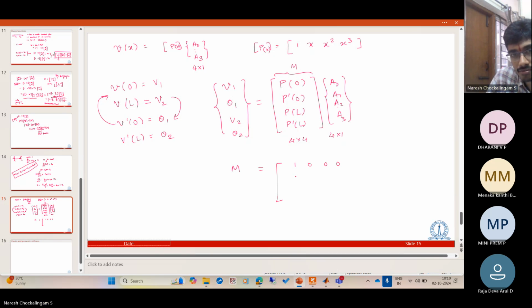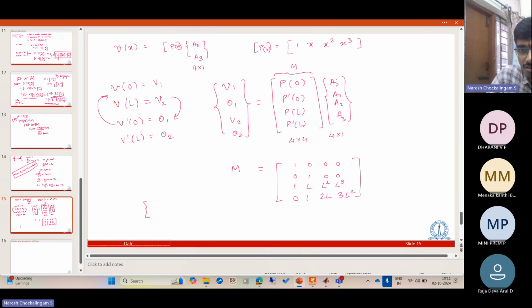Then P dash of 0 is 0, 1, 0, 0. Then P of L is 1, L, L square, L cube. Then the last one, P dash of L is 0, 1, 2L, 3L square. Very good. So this is the matrix M.